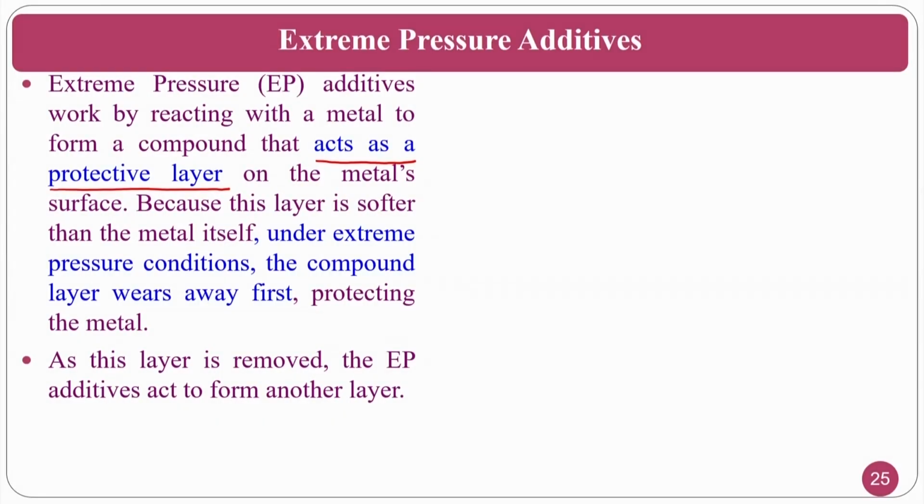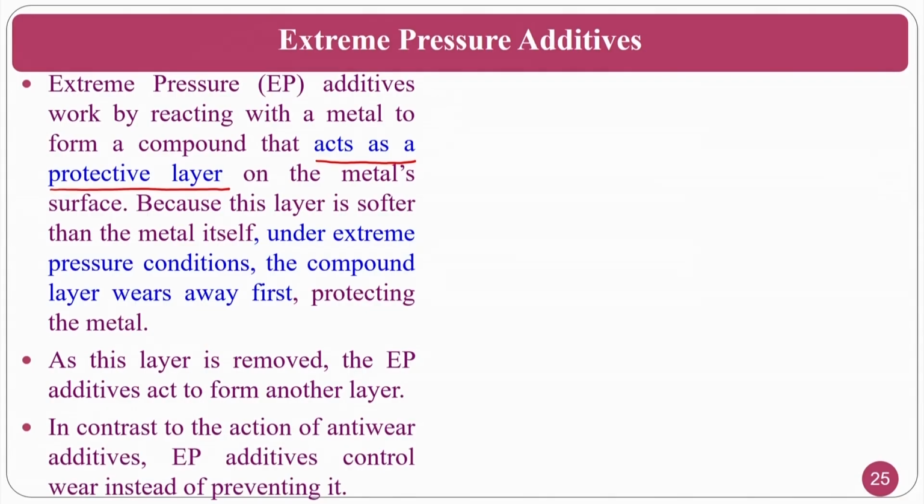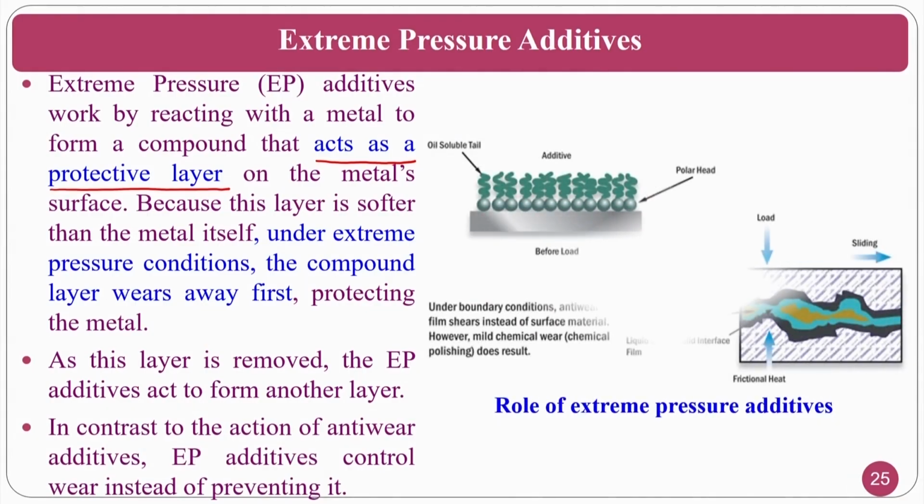This layer is removed, and what is happening here is, you can see one layer is forming, and during the machining process it is going off. It is a nano layer for protecting the workpiece. Since the cutting fluid is continuously falling, the passive layer, that is the extreme pressure additive layer, which is reacting with the workpiece, will form continuously, and this layer will protect during the machining process.